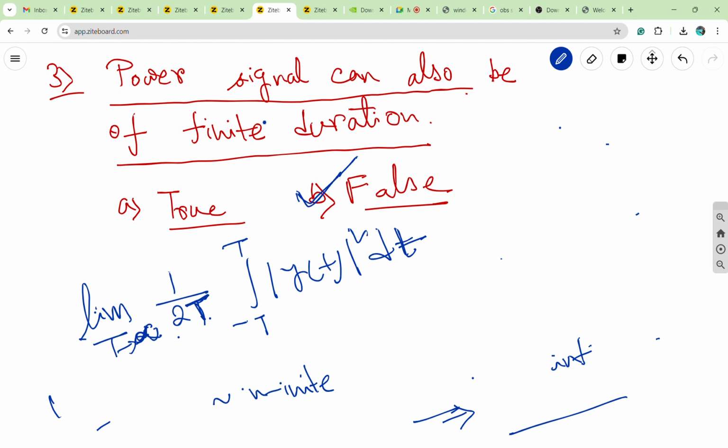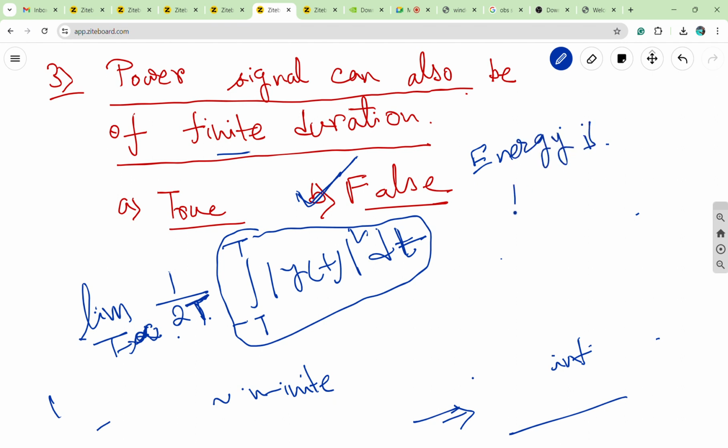So if the signal is of finite duration, we have already concluded that this numerator term, the energy, is finite.